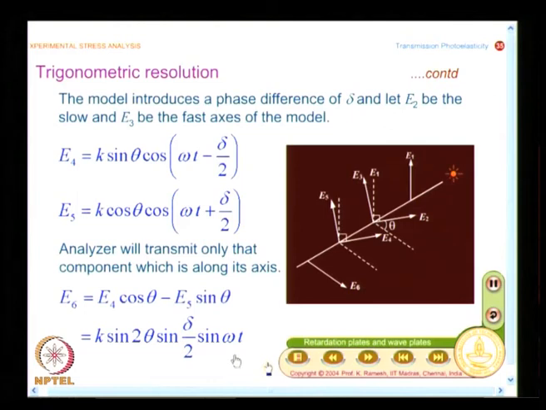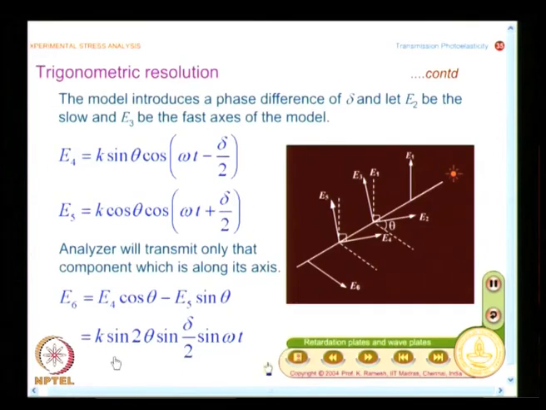So, what we have anticipated? We have anticipated that this should be a function of delta, which is related to sigma 1 minus sigma 2, and theta. So, I have k sin 2 theta sin delta by 2, both are appearing.